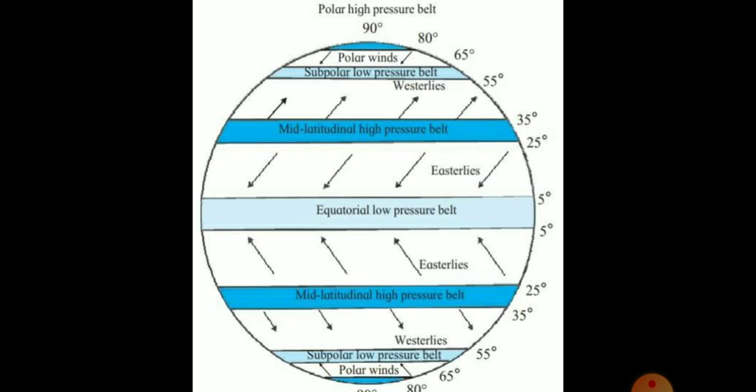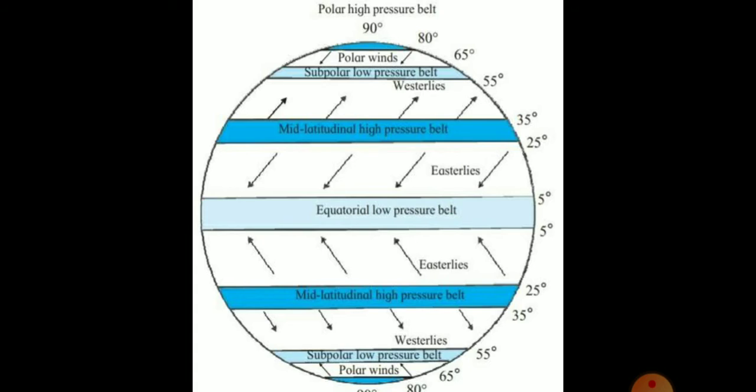Mid latitudinal high pressure belt. It is also called the subtropical belt, which extends close to the tropics. Due to low pressure at the higher latitude, the air cools down and becomes heavier.